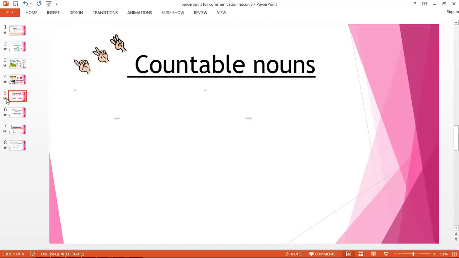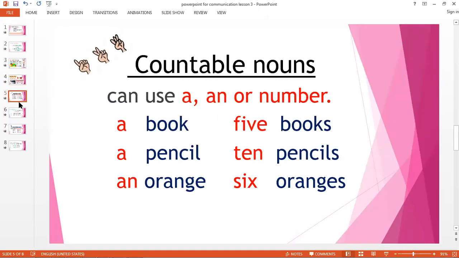Okay. Countable nouns can use a, an, or numbers. Remember these words: a, an, or numbers.